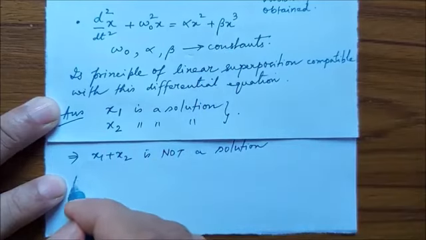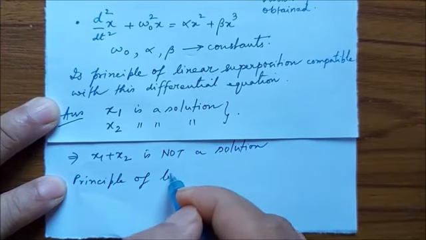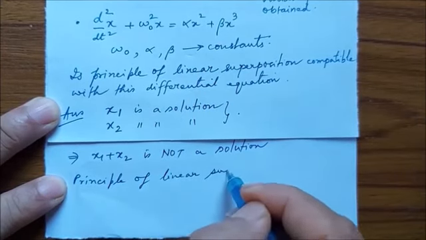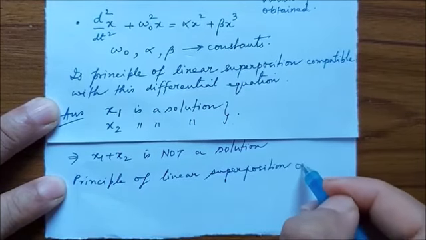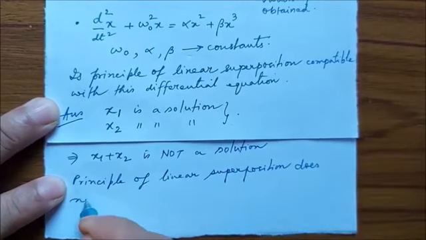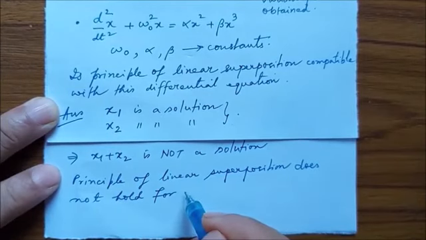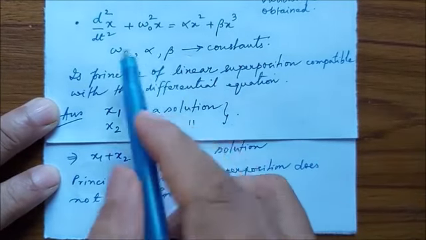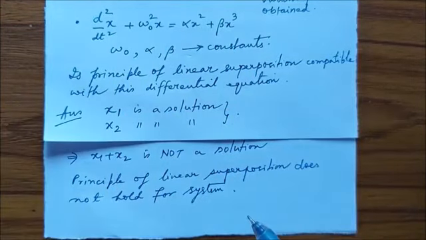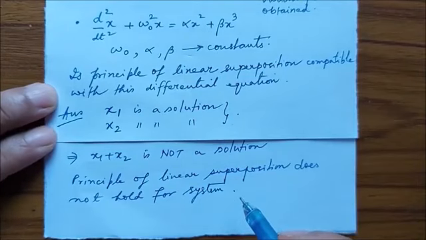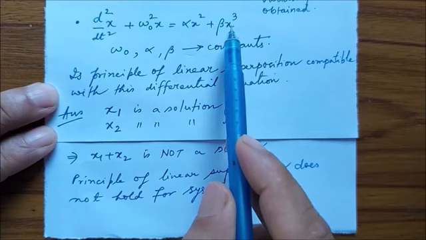This means the principle of linear superposition or linear combination does not hold for the system which is described by this equation, and it does not hold because of the presence of the square term and the cubic term.